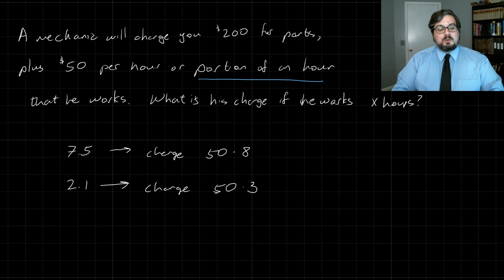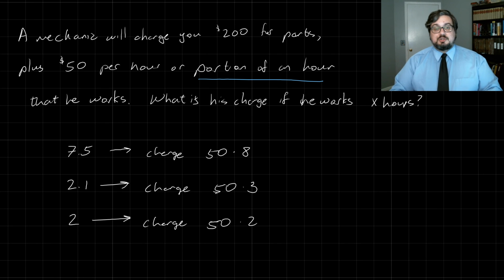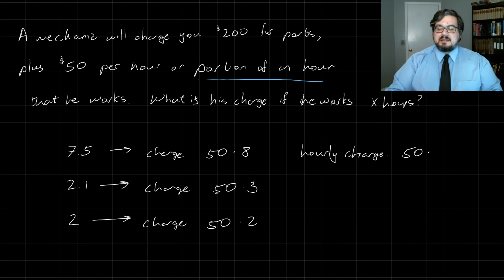But of course, if he works for exactly 2 hours, he's going to charge 50 times 2 because then he just works the 2 hours. So that means that his hourly charge is going to be 50 times the ceiling of x. The ceiling could also be thought of as the round up function, and the floor is the round down function, if you remember how things work when you're dealing with negative numbers.